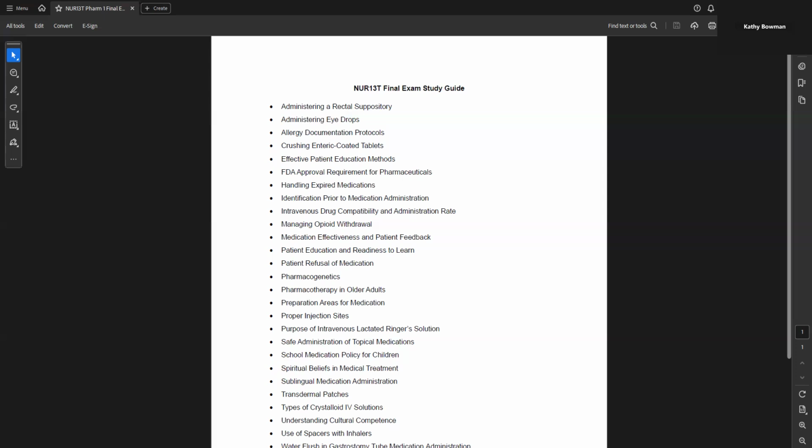Safe administration of topical meds. So anytime you apply topical meds, what do you have to wear? Gloves. You don't use your fingers, right? Why? Aside from the obvious. I mean, actually, tell me the obvious.